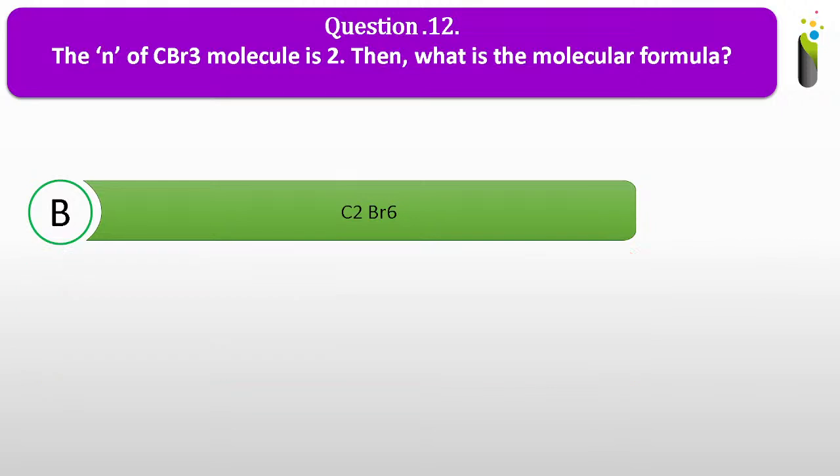And the correct answer for this question is C2Br6. So if the n of CBr3 molecule is 2, then the molecular formula has to be C2Br6.